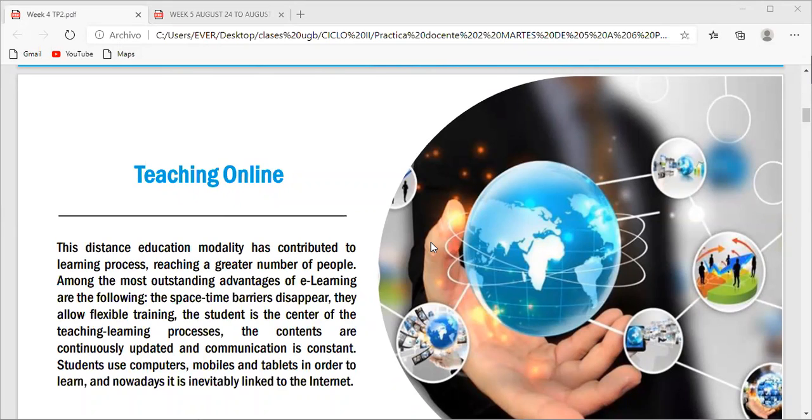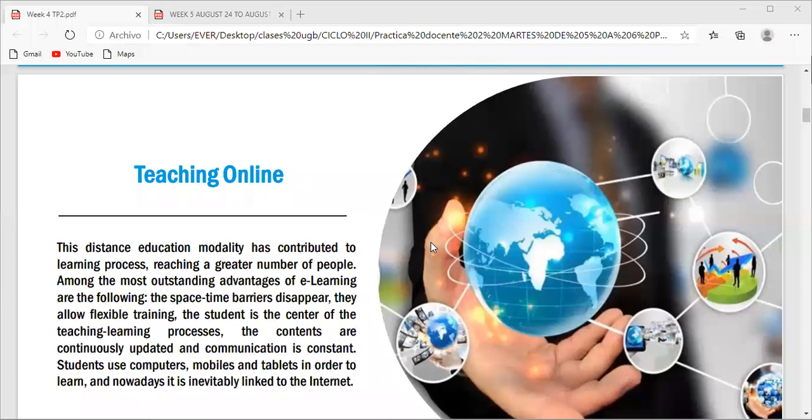Here, you have the opportunity to watch the video as many times as you want, or to go online and research information that is there immediately. You know what I mean? That is one of the advantages. Students have access to information fast. That is one of the main advantages that we have in this modality.